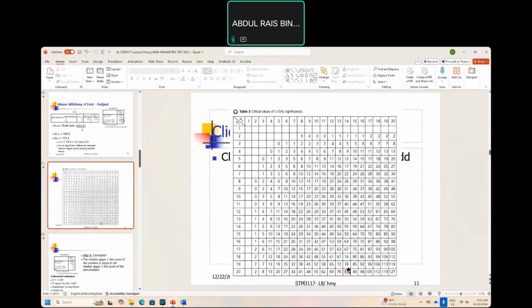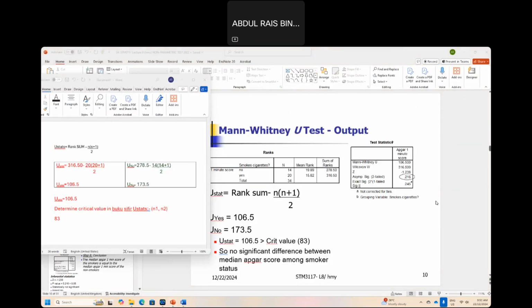Okay, this column. So that's how the critical value of 83 is achieved. Since we determined our critical value for U stats is 83, now we need to compare.